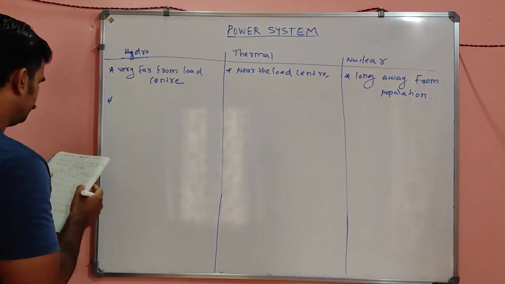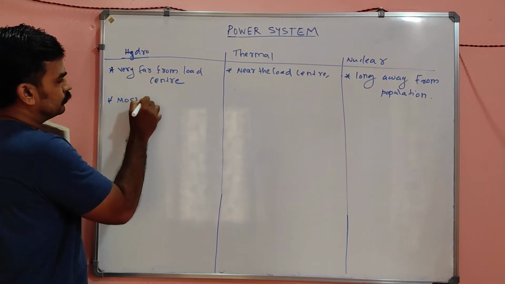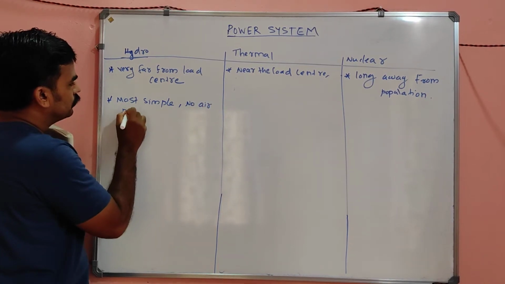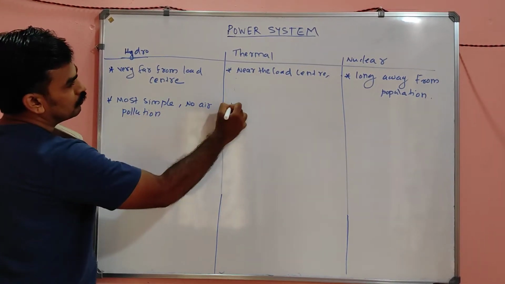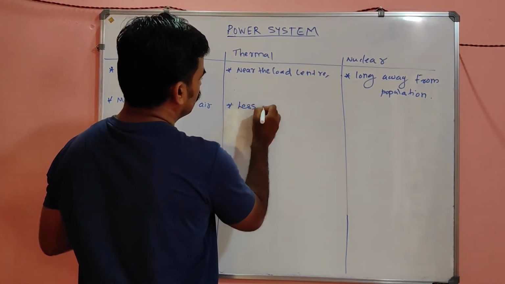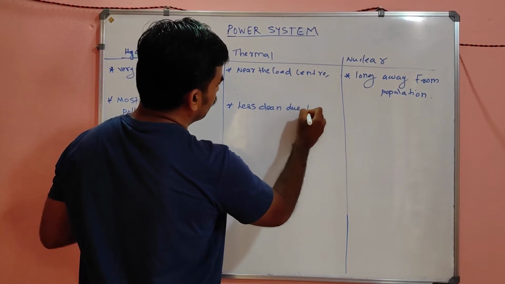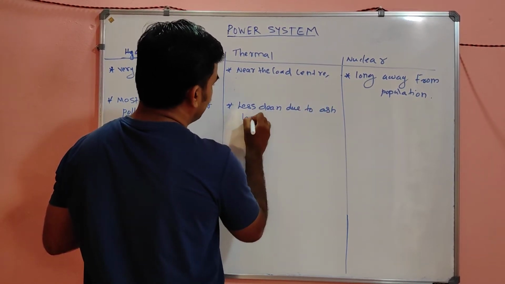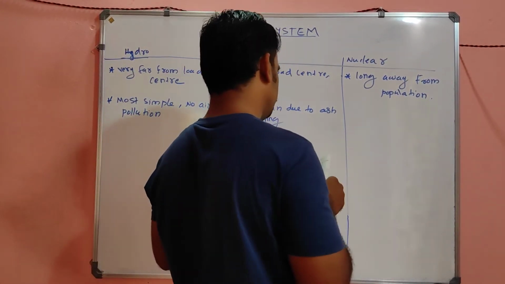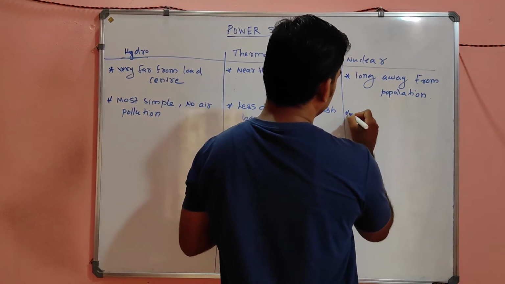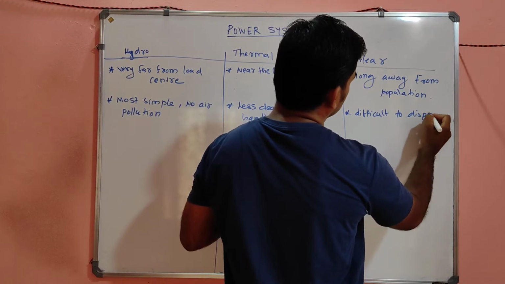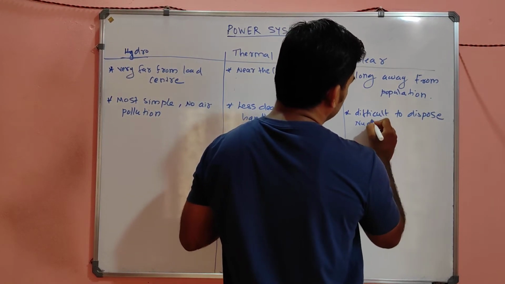Another point: hydro is most simple, no air pollution. Thermal is less clean, due to ash handling. Nuclear: difficult to dispose nuclear waste.